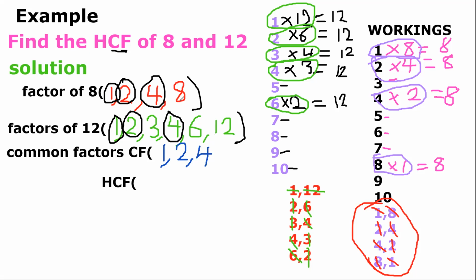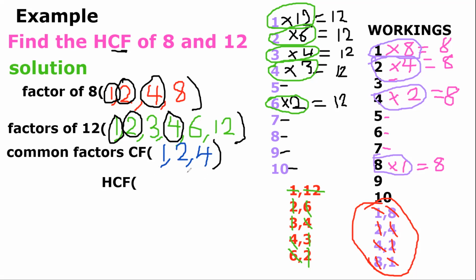Here 8 is not a common factor because 8 belongs to the factors of 8 only. 6 is not a common factor because 6 belongs to the factors of 12 only. 12 is not a common factor of 8 and 12, but 12 is a factor of 12 only. So you can't write it here. So therefore, we are done with our common factors here. So our common factors here are 1, 2, and 4.